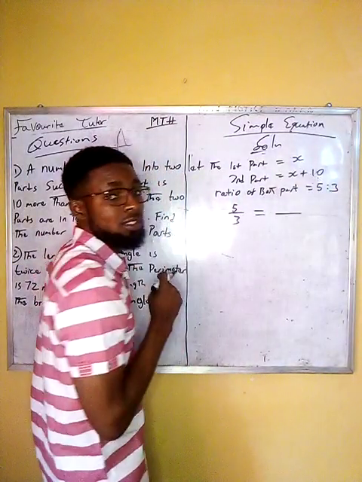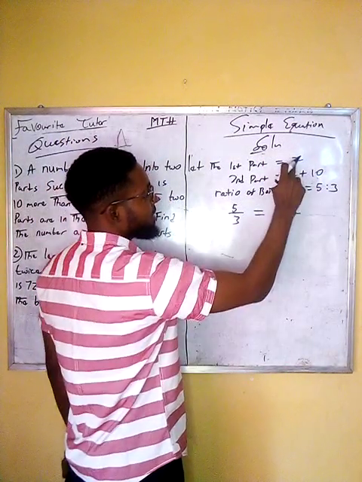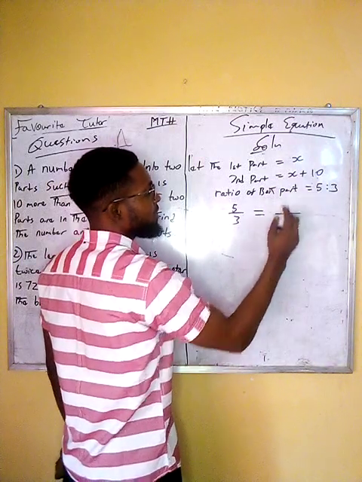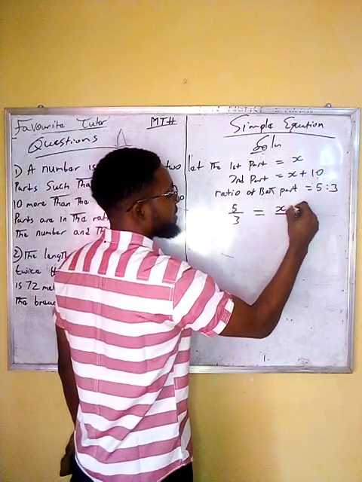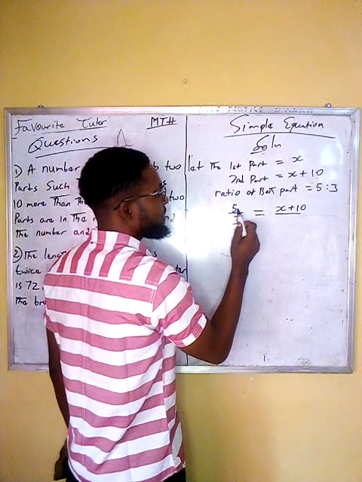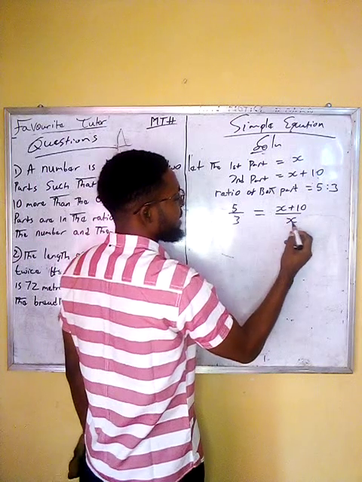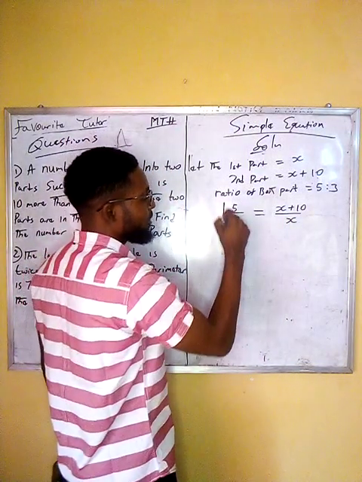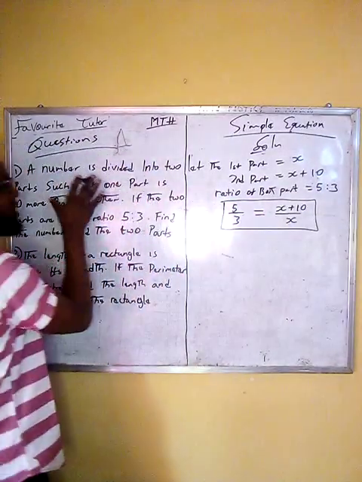Right here, the second part is greater than the first part, so the second part is going to take the higher ratio. x plus 10 takes the ratio of 5, while the first part x takes the ratio of 3. So this is the required equation of this question.